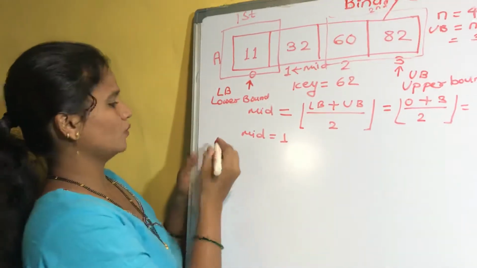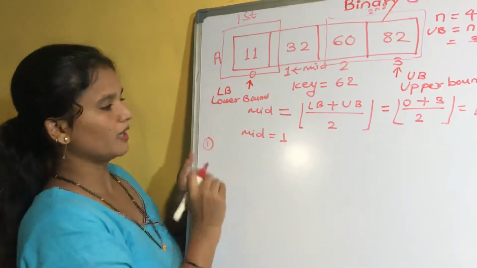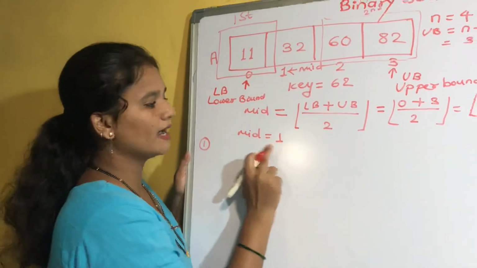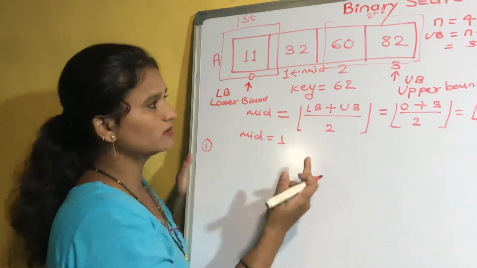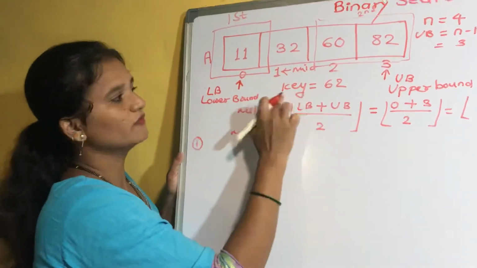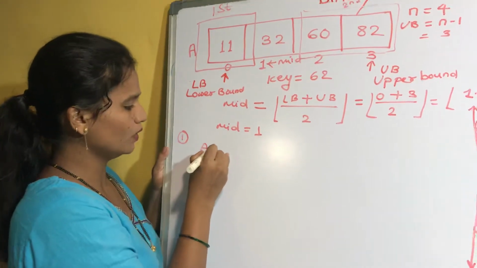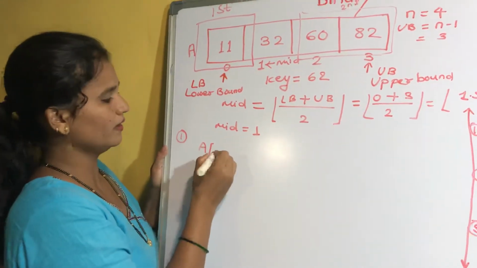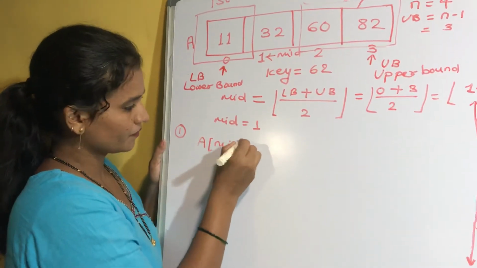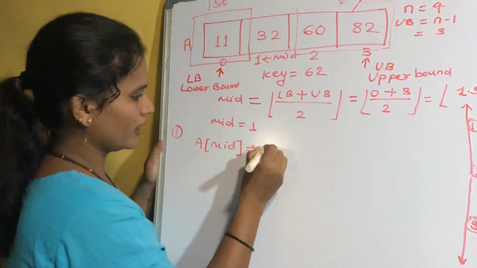Now see what we will do. We'll compare the value present at index 1 with 62, or we can say the key element. So how to access the mid value? Name of the array, then mid in square brackets, that is A of mid.